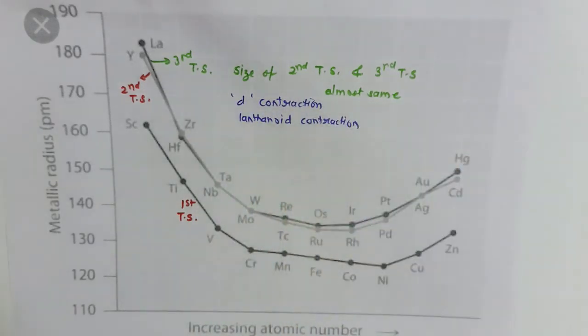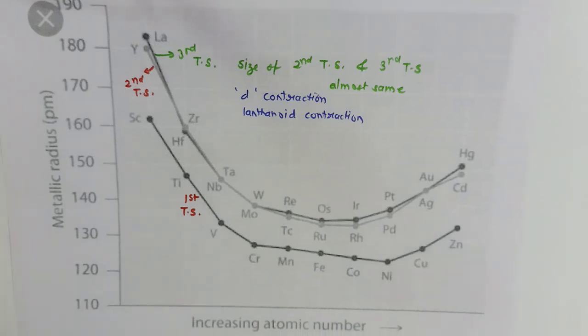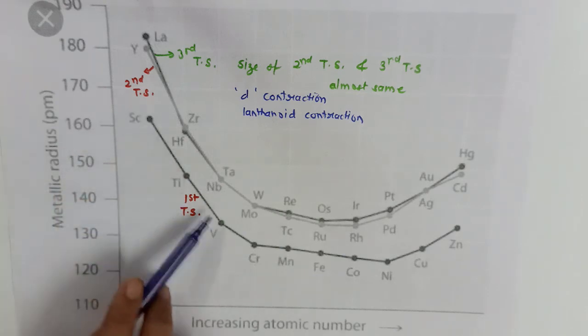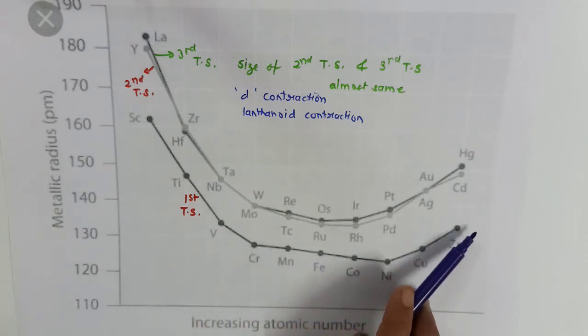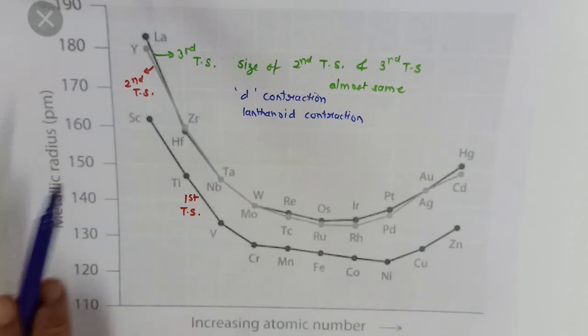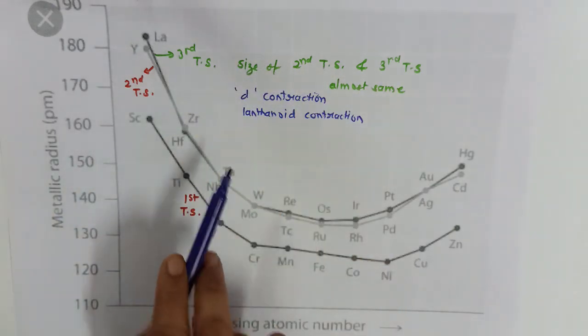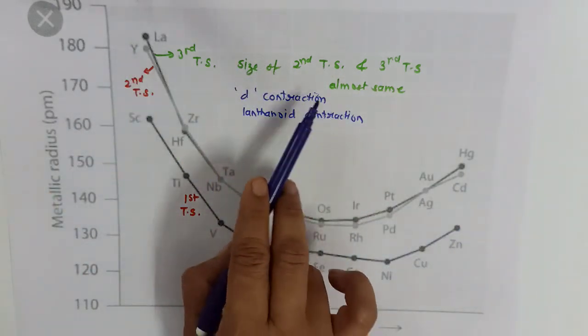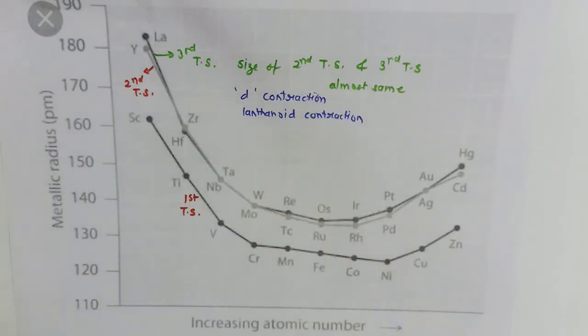About this we'll be studying in detail in f block elements. So you have to remember this graph, and based on this graph a lot of questions can be asked. Remember always first decrease, near about constant and then increase for the first transition series, and for the second and third transition series, the trend is same but their size is almost same because of lanthanoid contraction.